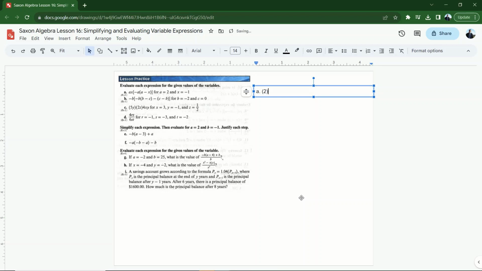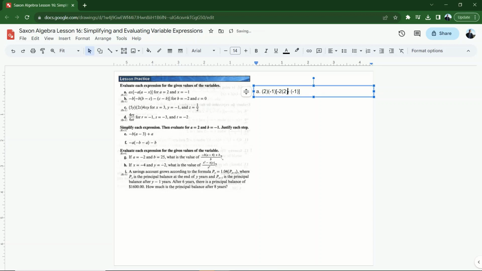So this is going to become 2 times, so ax, a is 2, x is negative 1, 2 times negative 1. And then in brackets here, I have negative 2 times, in parentheses, 2 minus negative 1. Okay, and then I end my brackets and my parentheses.